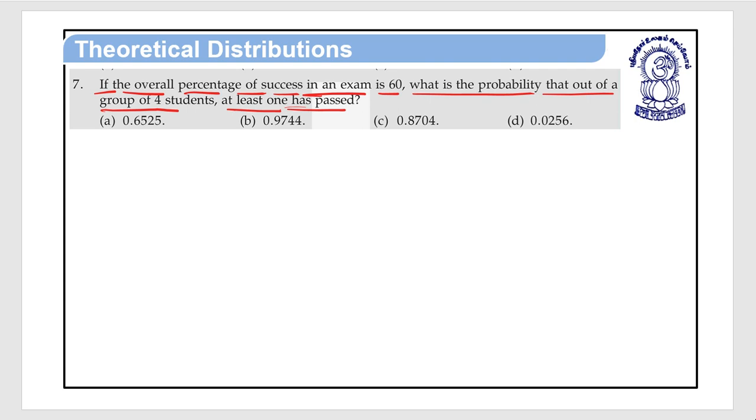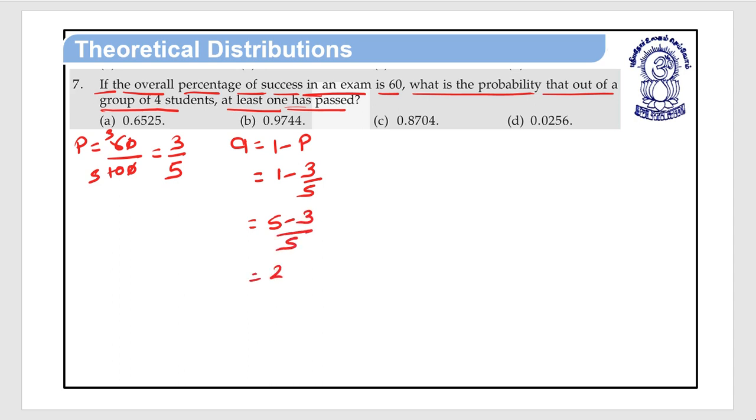Here, overall percentage of success, so p is equal to 60 by 100, that is p is equal to 3 by 5. You can find out q from 1 minus p. So 1 minus 3 by 5, that is 2 by 5. Okay.